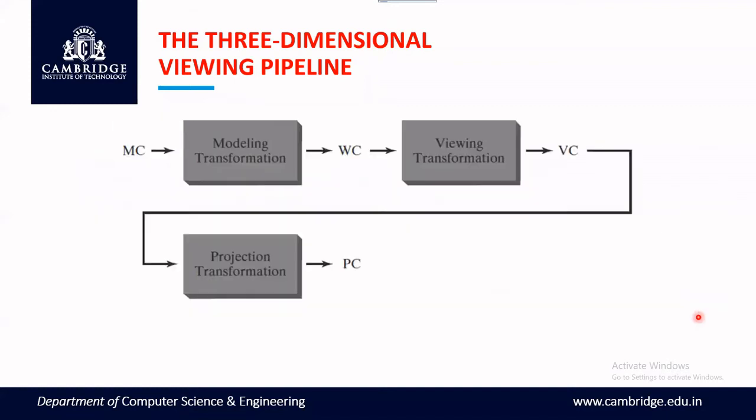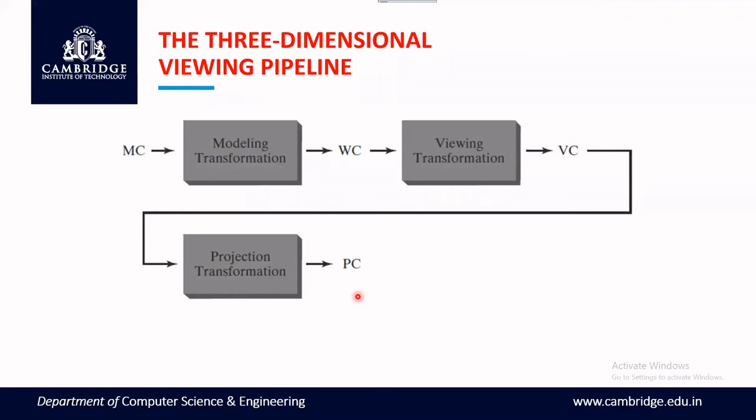Once the viewing coordinates are defined, we then go in for projection coordinates. We project this into 2D. Projection, as we have already seen, is the conversion from 3D to 2D in computer graphics.